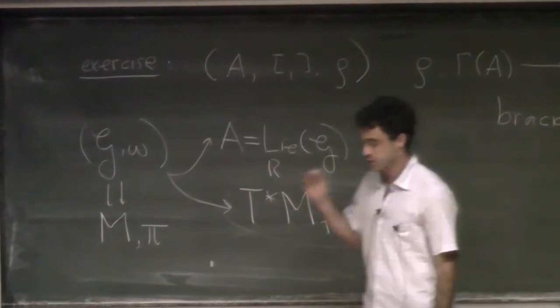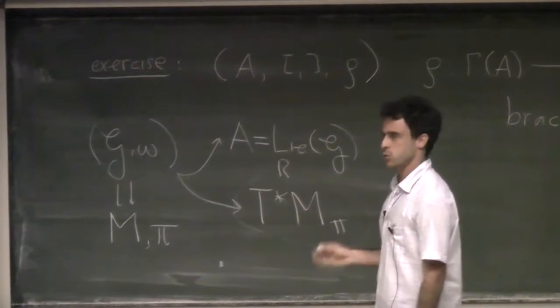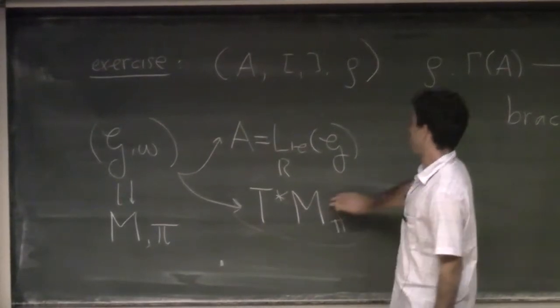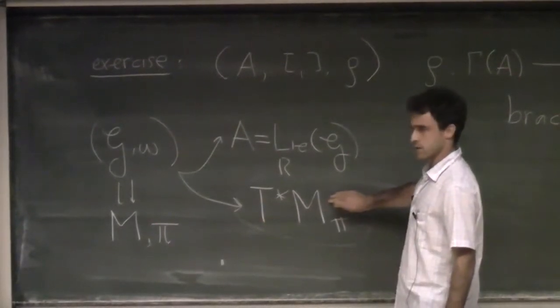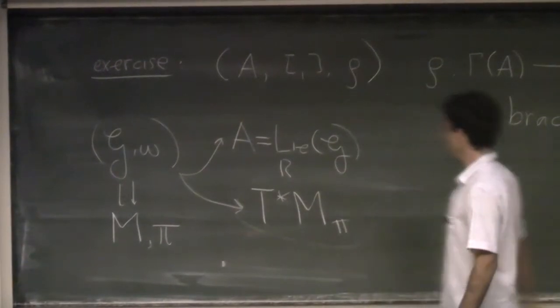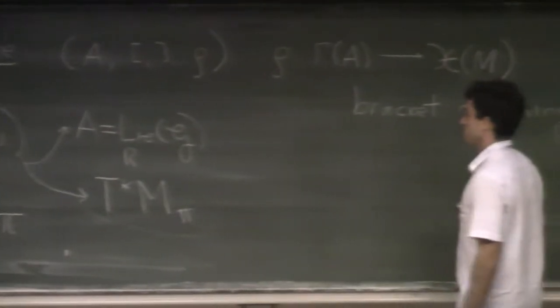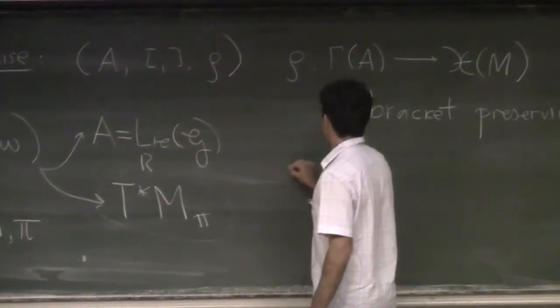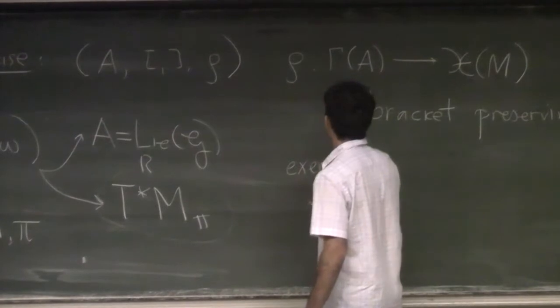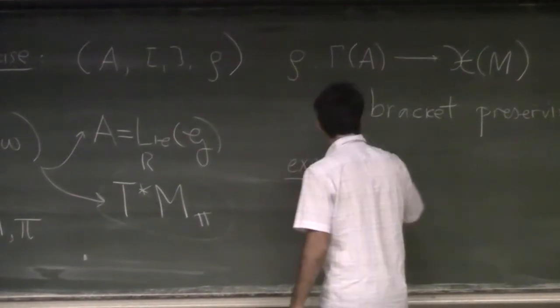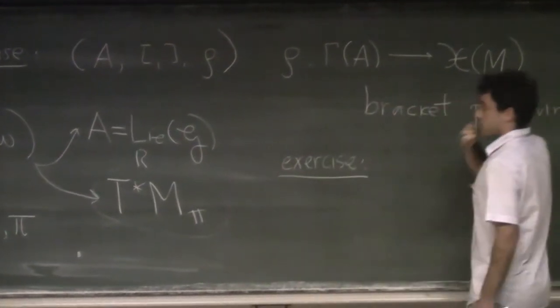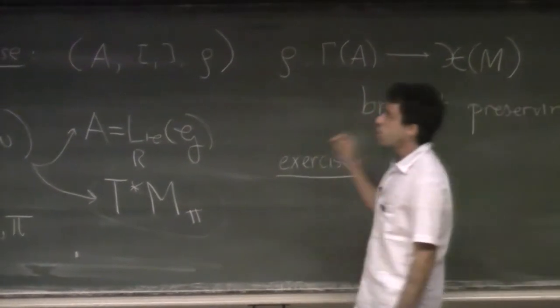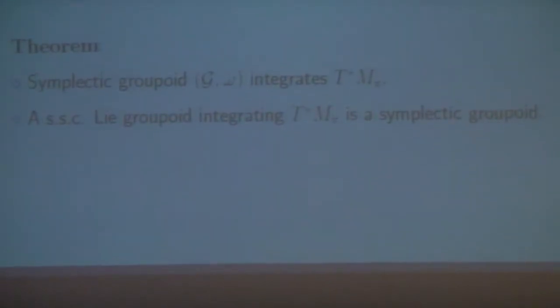I will mention another way, purely finite dimensional, to explain why the source simply connected groupoid integrating this is symplectic, without using these path spaces. And here, perhaps another exercise, very simple. It's just a remark, which is that the theorem says that the source simply connected groupoid integrating this algebroid coming from a Poisson manifold is symplectic.